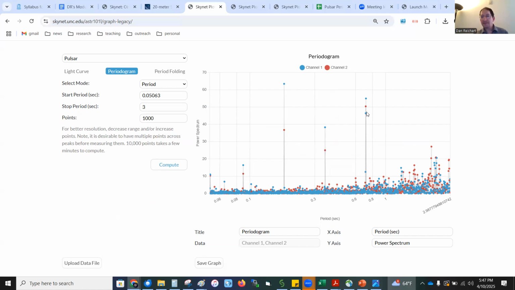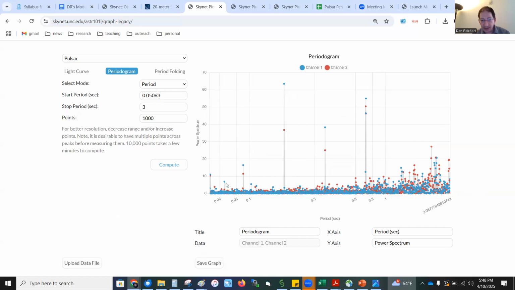So we have the main signature, we have the first, second, third, and maybe, though it's not exactly in the right place, fourth overtones. So you get overtones. Don't get confused by the overtones. You want the base period out here on the right and not the overtones. They'll all be equally spaced on this logarithmic plot. Okay, so you don't want the overtones, you don't want the high period noise.